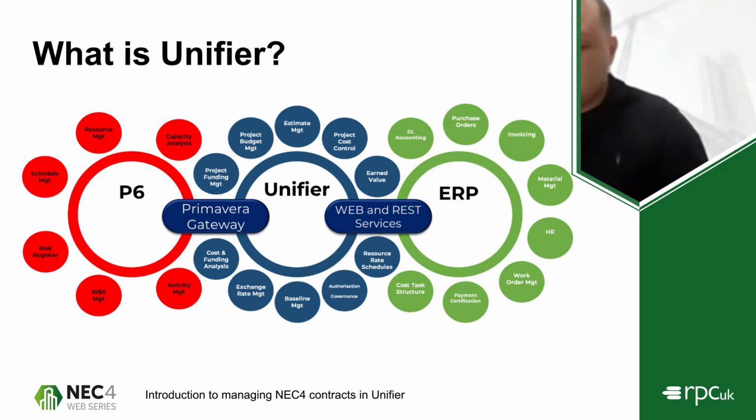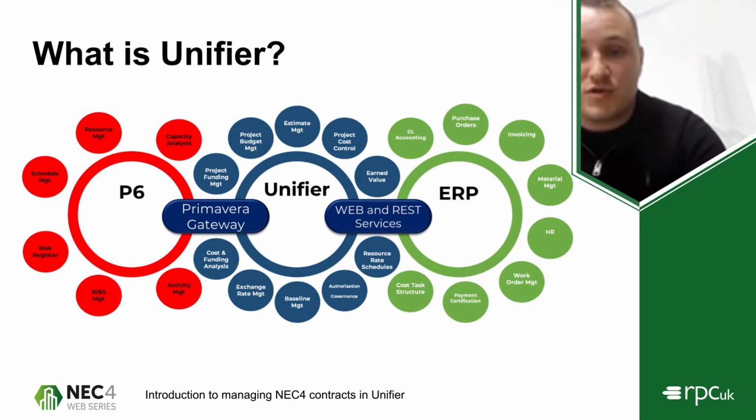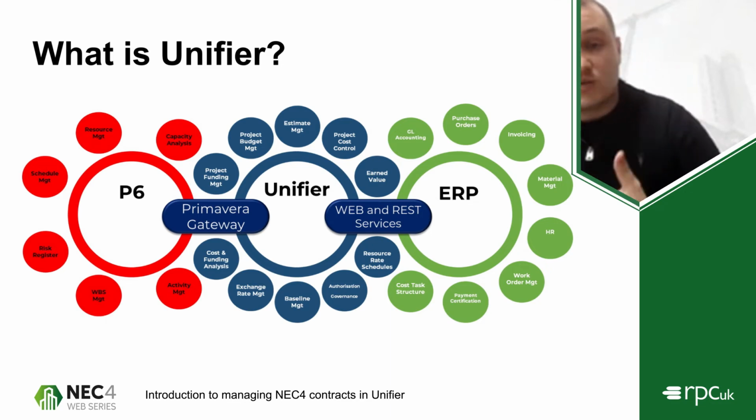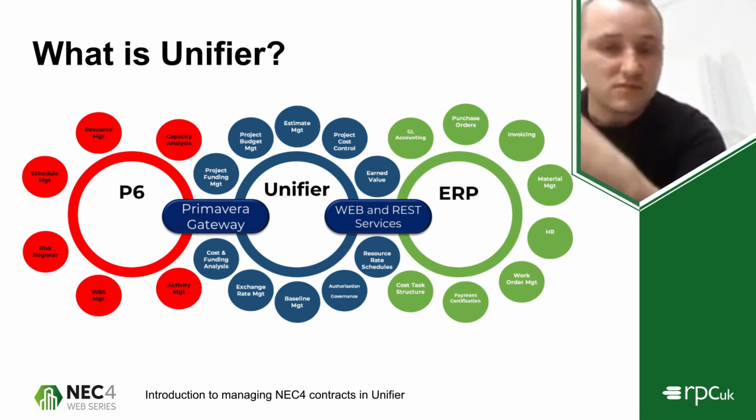So how does that work? With Unifier, it allows you to define your structure within Unifier, so how you organize contracts or projects. Unifier allows you to set that up within the system. So it's not a case of you only have contracts or you only have projects or whatever's in there out of the box.